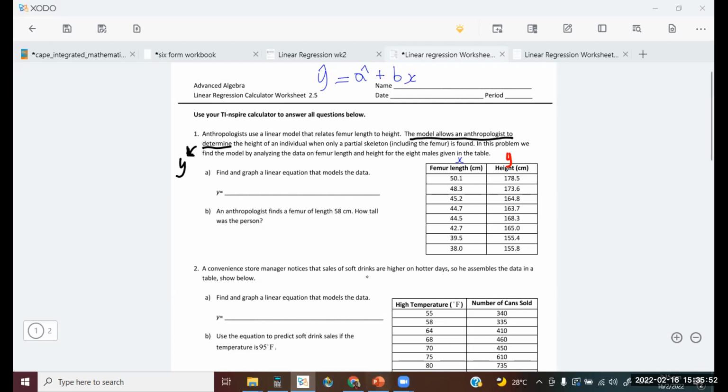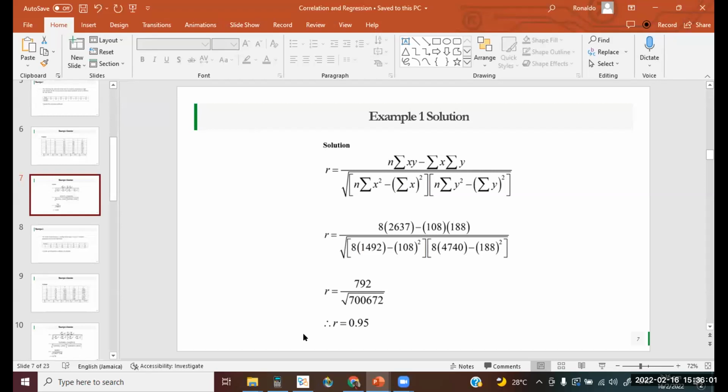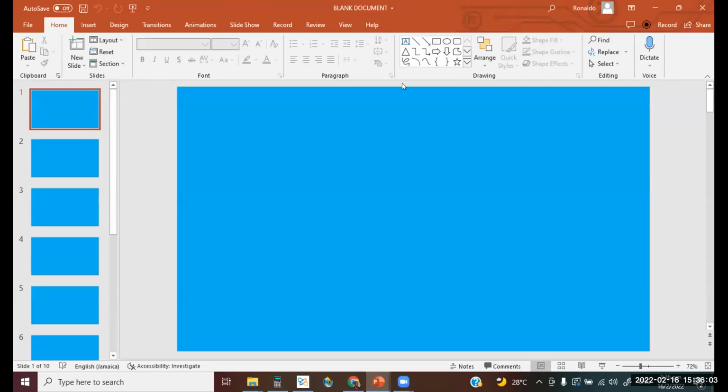Now, let's go ahead and work this out. First we need to find b, then we can always find a hat. So let's find b. I'm moving over to the PowerPoint.